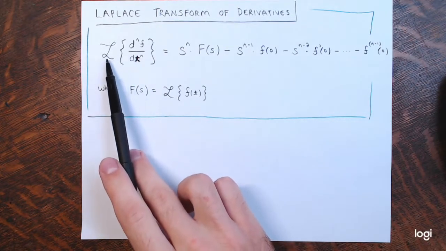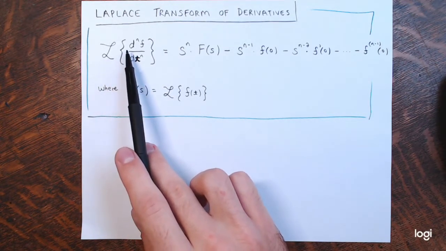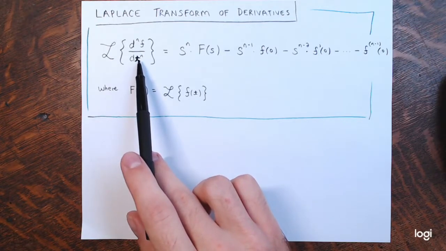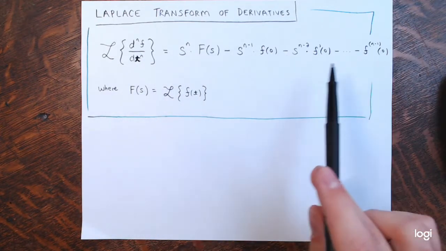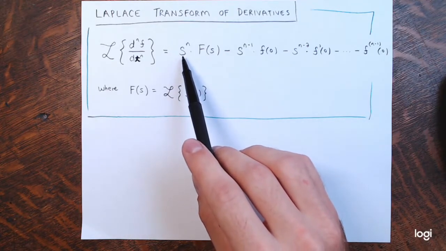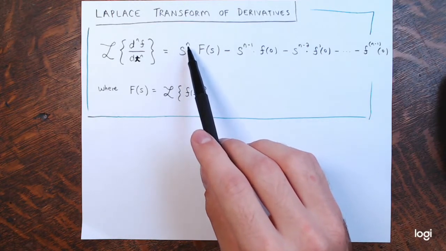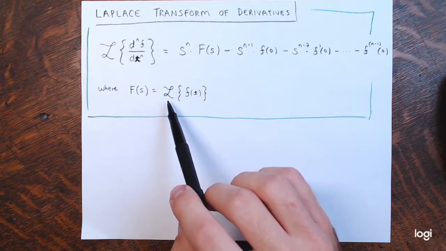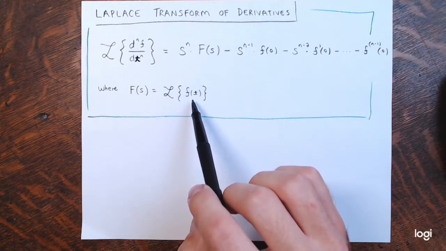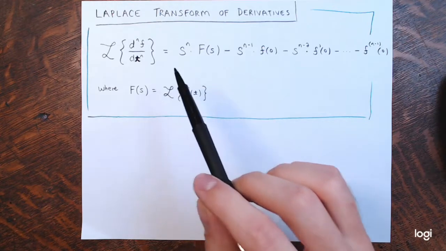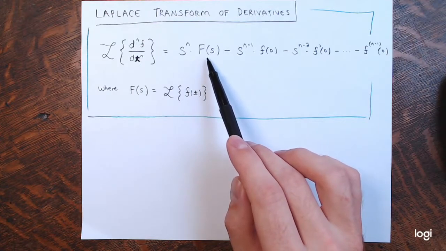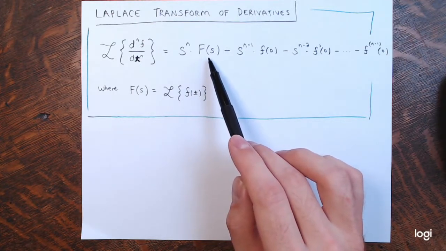The Laplace transform of the nth derivative of f with respect to t is the following expression: s to the nth power times capital F of s. Now capital F of s is just the Laplace transform of the original function f of t. So it's s to the nth times the Laplace transform of little f, capital F of s.